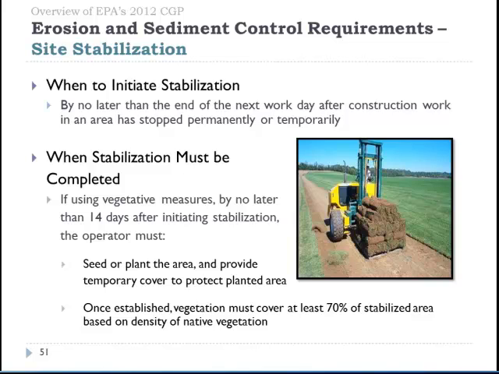It's not EPA's expectation that within 14 days there's vegetative establishment, but just that these initial steps be completed. Once the vegetation has grown, it needs to meet the requirement in the permit that it covers 70% of the stabilized area based on vegetative density.